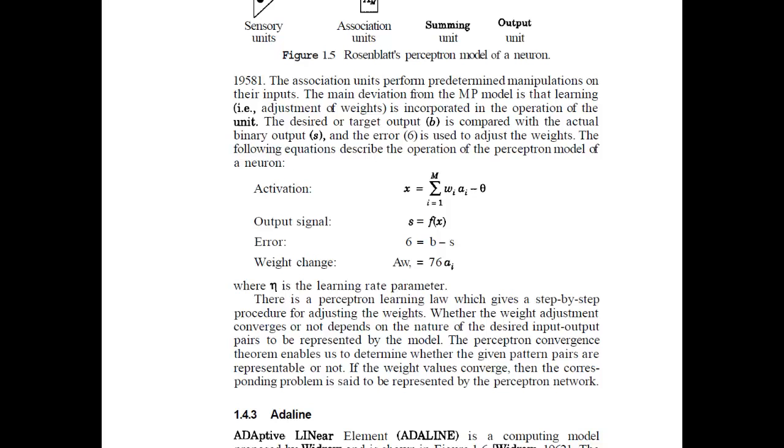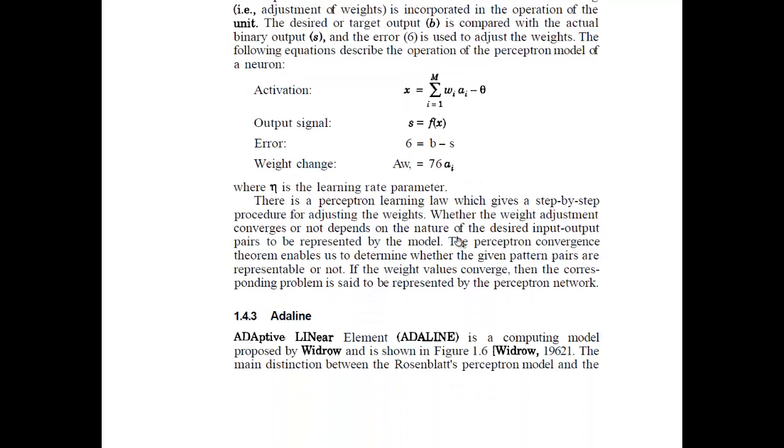Okay, now we'll go to the third model, that is the Adaline model. Adaline is an adaptive linear element model. It is the full form of it also. It is a computing model proposed by Widrow.